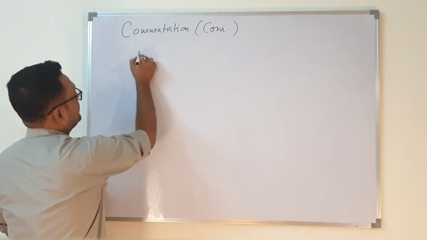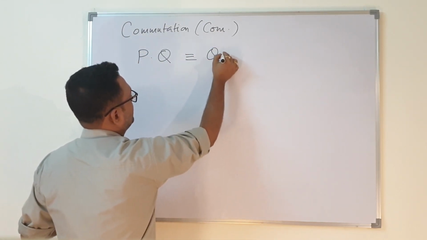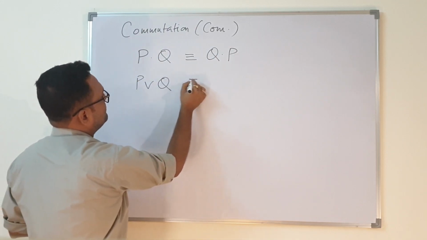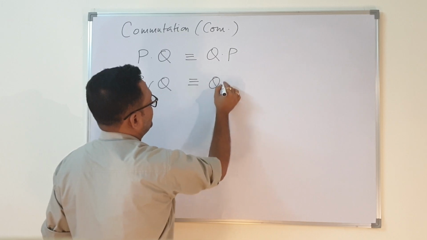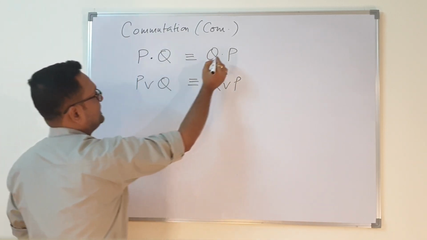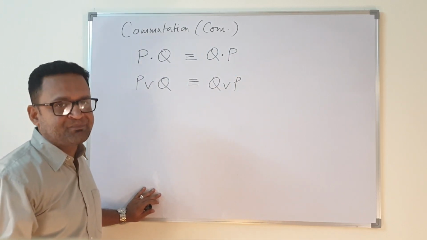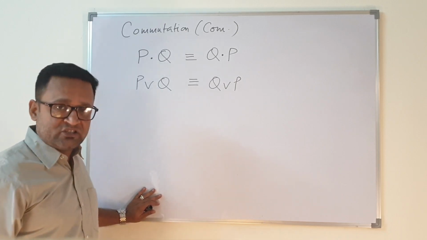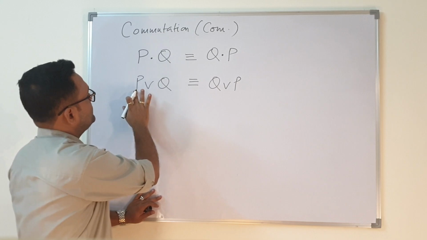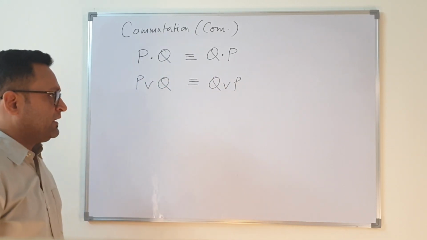It says that if we have P dot Q, we can replace it with Q dot P. And if we have P wedge Q, we can write it as Q wedge P. So you can see that the dot or the conjunction is a commutative function, as well as the disjunction is also a commutative function. So you replace P with Q and Q with P in both these cases.